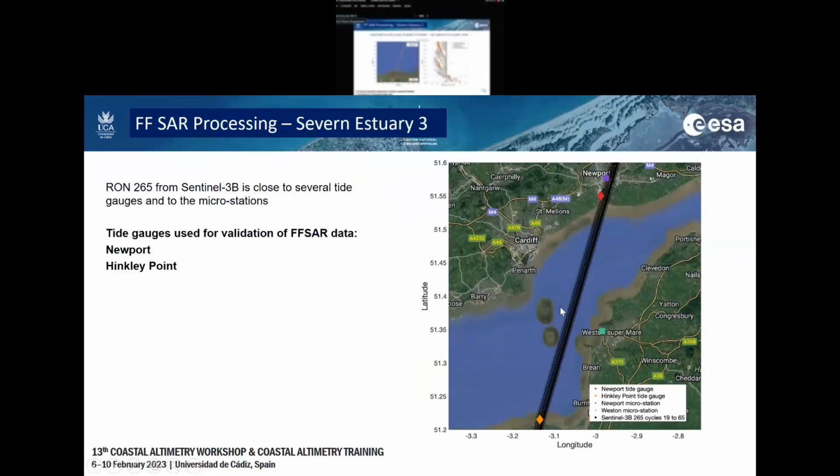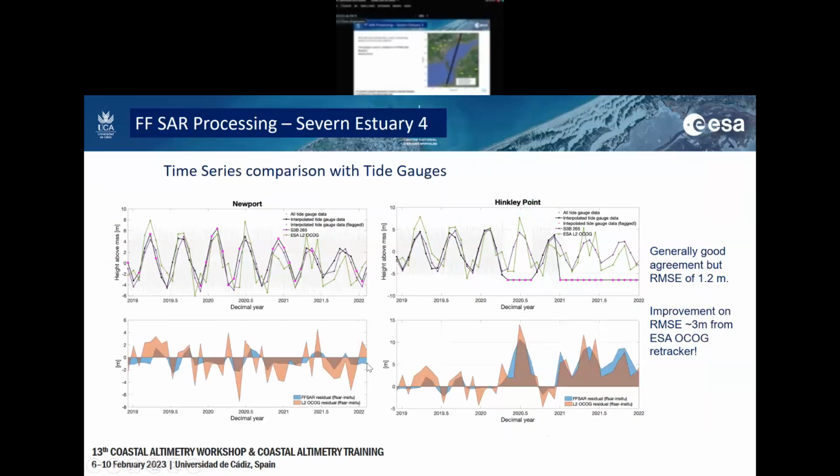So using that approach, DTU then processed that track for all of the data we've got from the beginning of the mission, and compared that to tide gauges at Newport, and not the ones we put in because we only put those in last year. But compared the processed data to the Newport tide gauge and the Hinkley Point tide gauge, and this is what they got out.